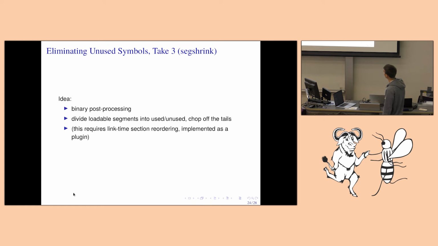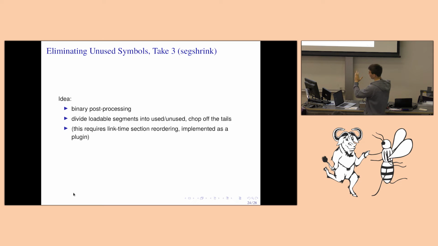But there is the third approach we took, and the idea was to not rely on the GC sections machinery at all, and also not to rely on the linker plugin interface. Although we do rely on it for section reordering in this case. The idea is as follows. If we look at ELF from the point of view of segments and sections, we can throw away the tail of the segment.